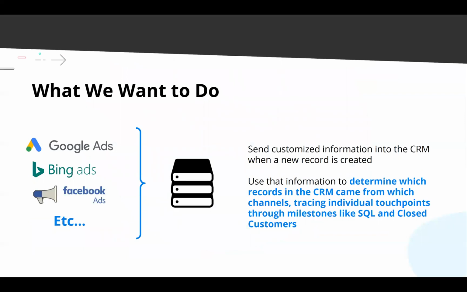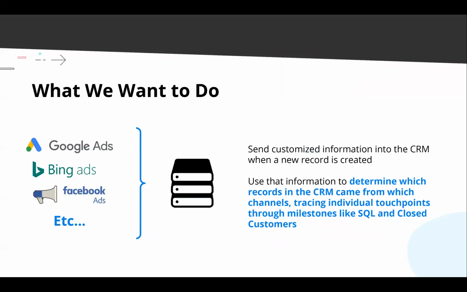Essentially, here's what we're going to do. We're going to take your digital channels and we're going to put customized information that eventually tells your CRM this person in the system came from this channel or this ad or this piece of content. In a nutshell, that's what we're trying to do with this first part.